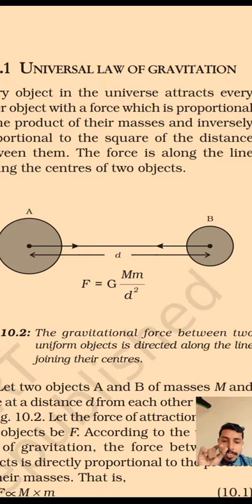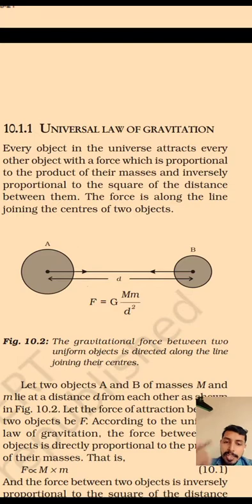If the distance increases, then the force decreases by its square. If it is 5, then it will be 25 times lesser. If it is 6, then it is 36 times lesser. If it is 7, then it is 49 times lesser. That is the difference, not 5 times, 6 times or 7 times. The force will be lesser by square times.